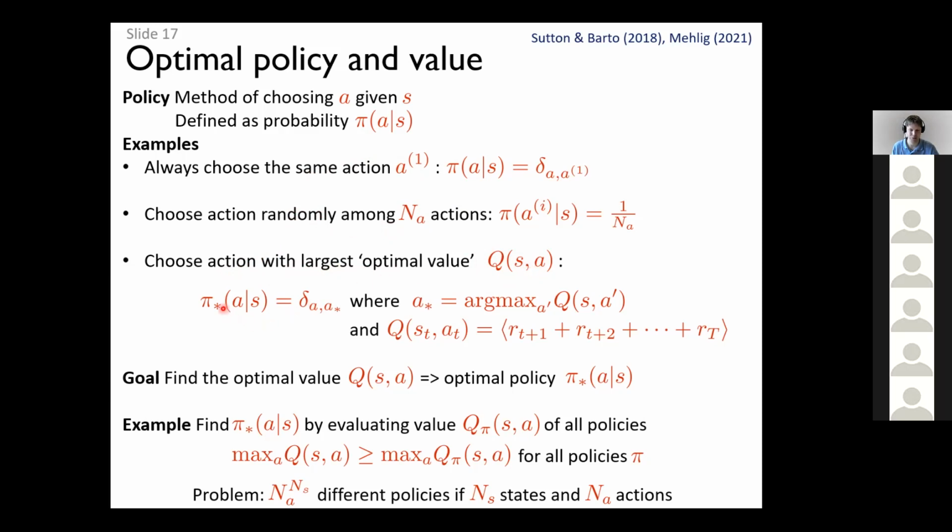And this policy, which we denote by pi star, is to take the action A star in a given state S, where A star is the action that has the largest Q value, the largest optimal value.